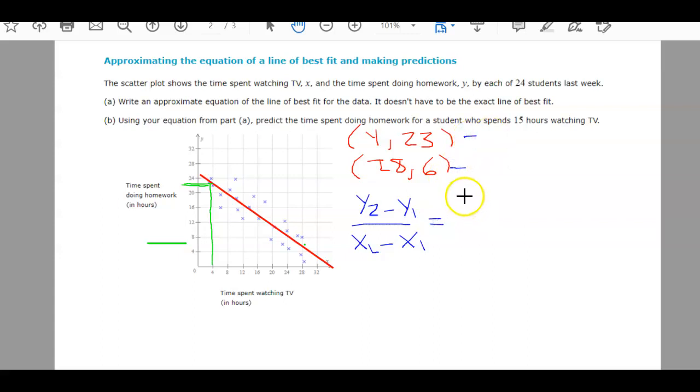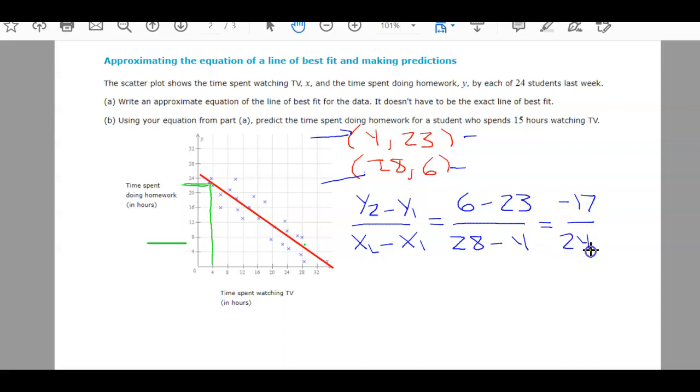So it's going to be 6 minus 23, and x2 is going to be 28, and x1 is going to be 4. So I'll have 28 minus 4. So that's going to give me a negative 17 over 24.